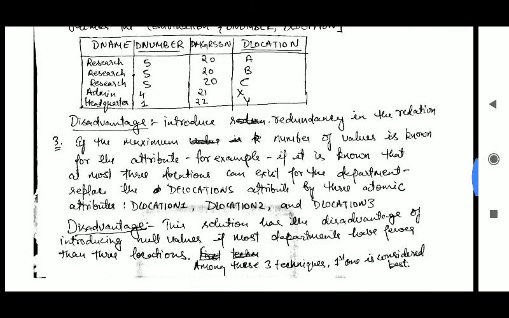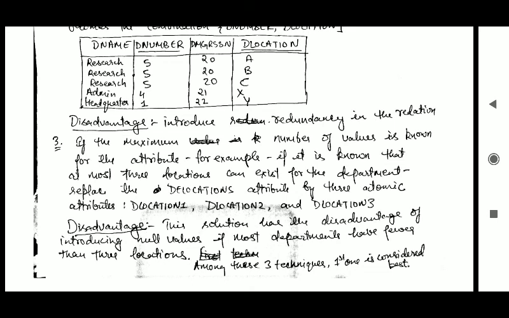Now the third technique. The third technique is if the maximum number of values is known for the attribute. For example, it is known that at most 3 locations can exist for the department.